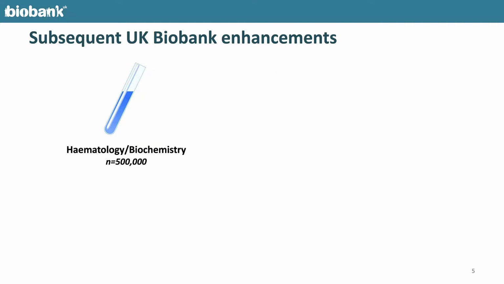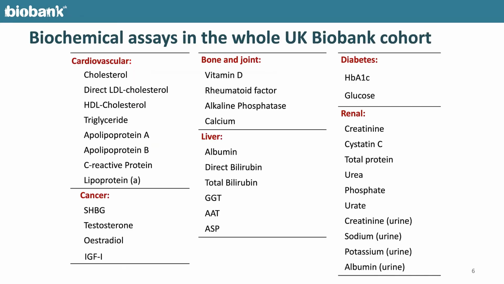In terms of biochemistry markers, in the last few years, we've recently completed a project to measure 34 biomarkers from a number of different sample types. And these data are now available in the resource for researchers to use. And they span a number of measures which we know will be important to understanding progression in particular disease areas such as cardiovascular, cancer, etc.